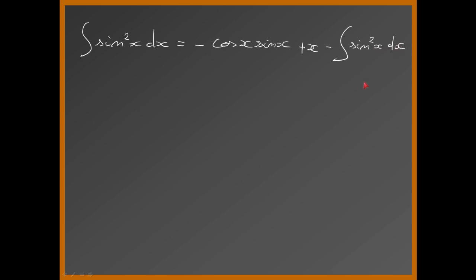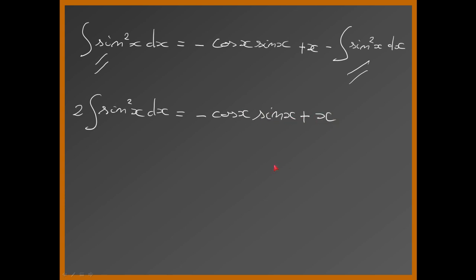You should notice that the antiderivative of sine squared of x is at both sides of this equality. Then we can bring this term to the left-hand side, obtaining 2 antiderivative of sine of x squared that equals minus cosine of x sine of x plus x.